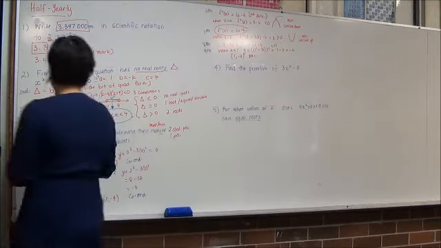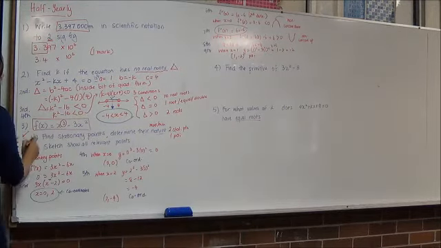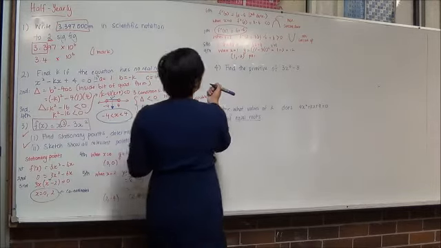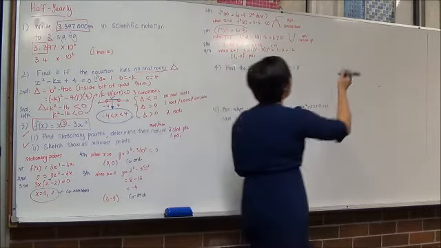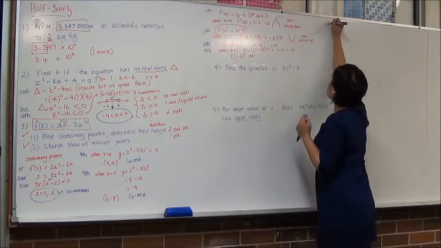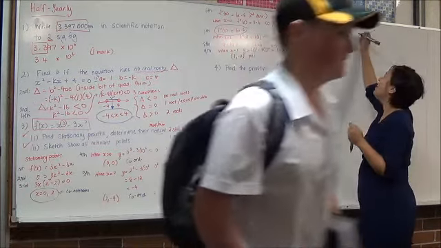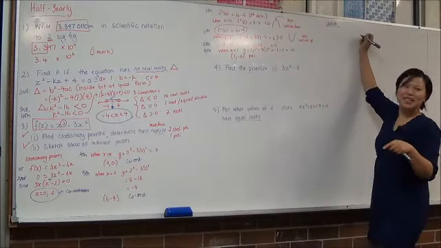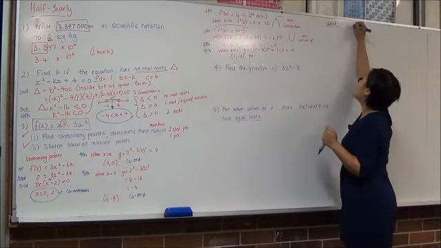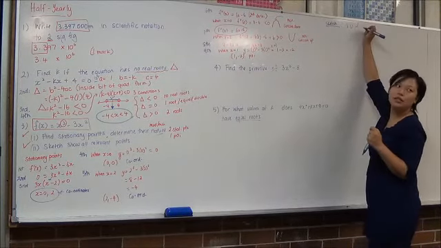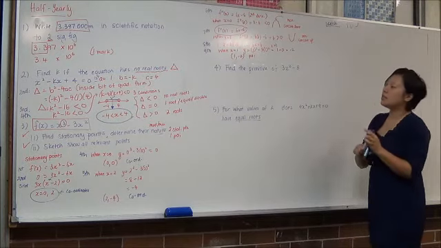Right, now we just have to sketch it. When you're sketching this, you already have your stationary point, and you already have your point of inflection. But you don't have x and y intercepts.